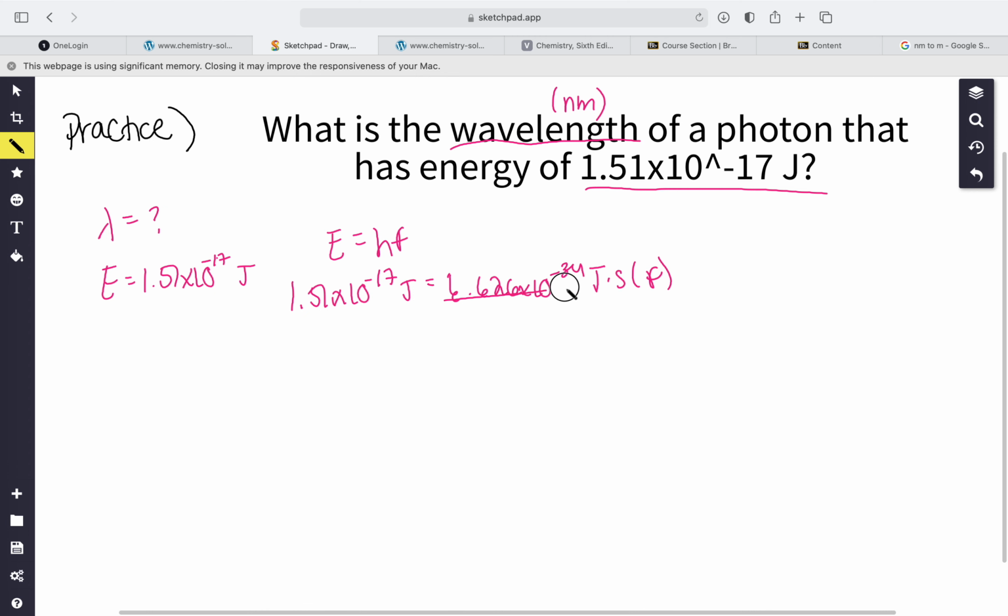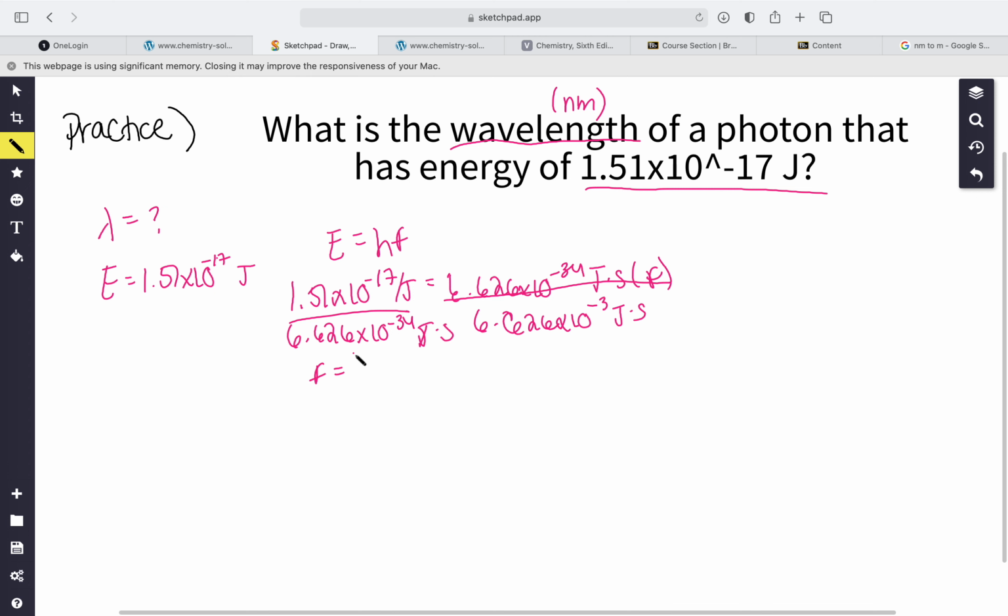So we're going to do the same thing as before. We're going to divide by 6.626 times 10 to the negative 34 joules seconds. We're going to cancel joules, so that means we're getting this in 1 per second, which will be frequency. That is the conversion for frequency.